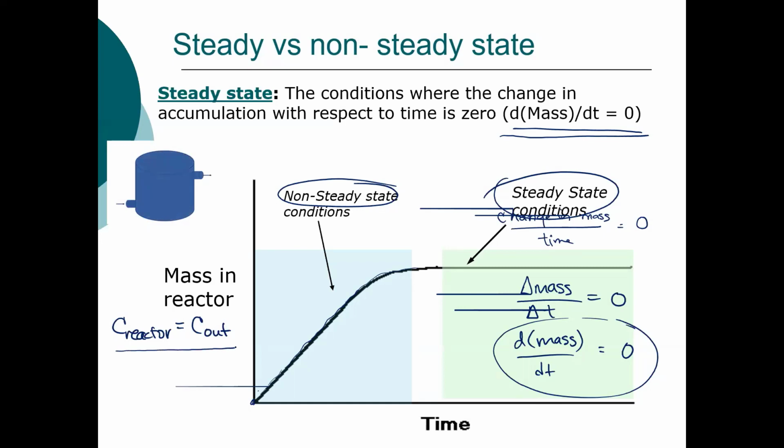When we're talking about when the concentration in the reactor is equal to the concentration leaving the reactor, what condition are we talking about? Exactly. A completely mixed reactor. Okay. I want to emphasize that because those two terms get confused a lot.